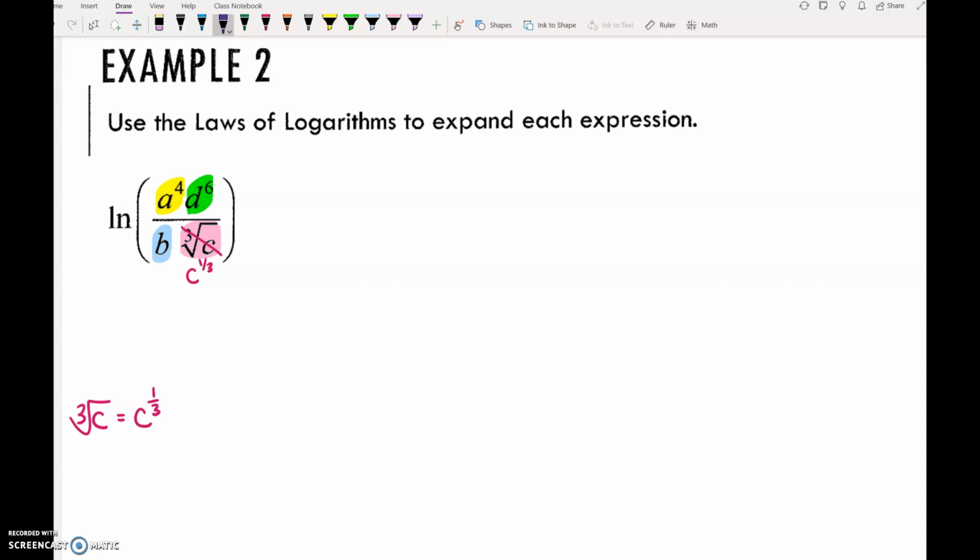That means I'm going to need ln of the first thing, ln of the second thing, ln of b and ln of c to the 1/3.